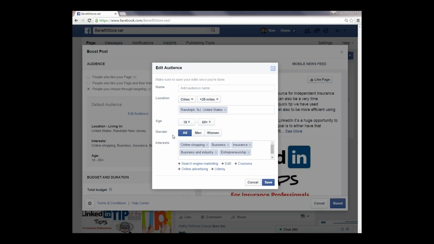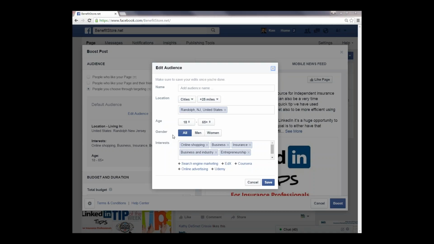Here's an example. The first thought is always, well, let me promote my website, let me promote my agency. In my opinion, that's too broad, because you do a lot of things, and your website probably has a lot of different things on there. You want to take it down a level to the actual product level, and promote a specific product.